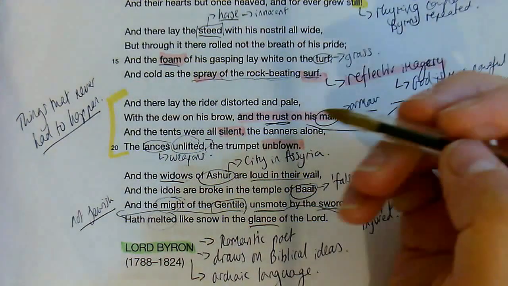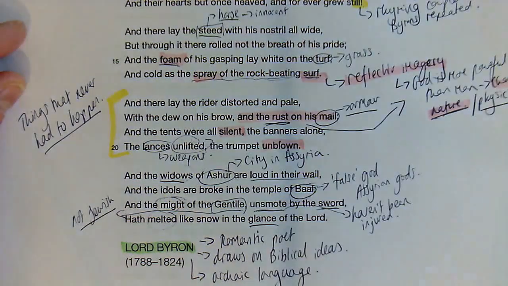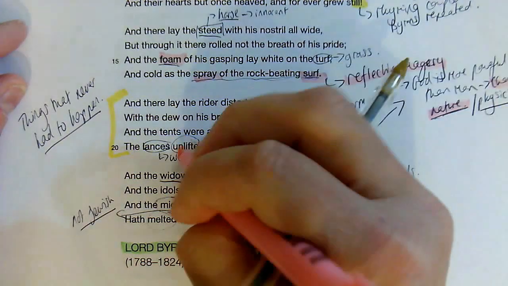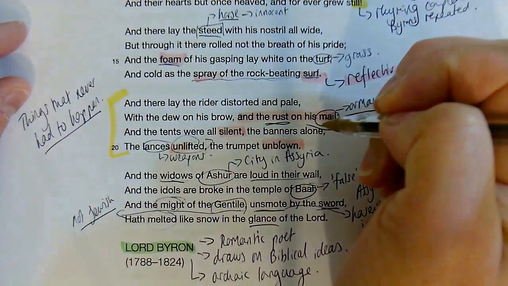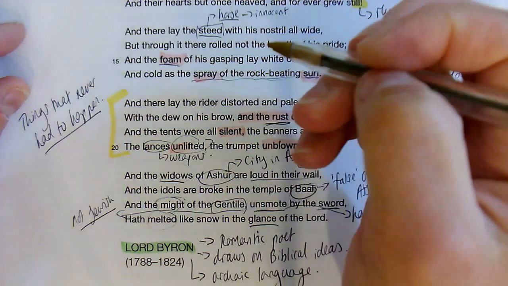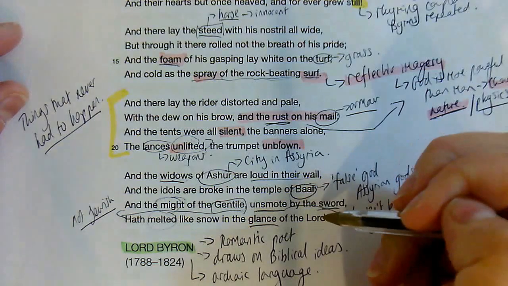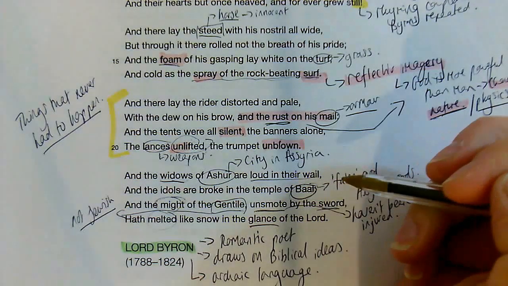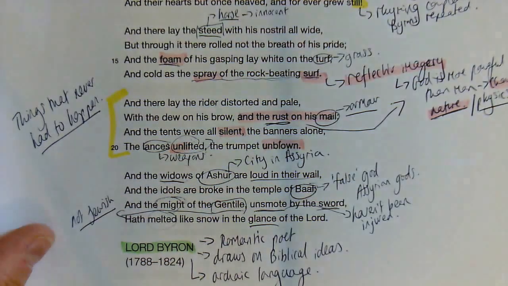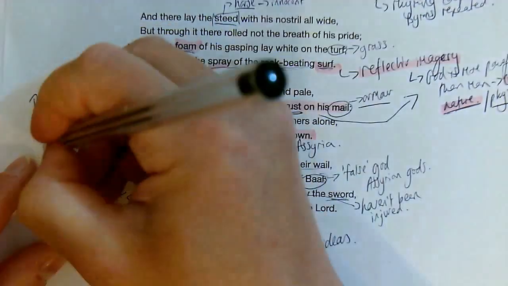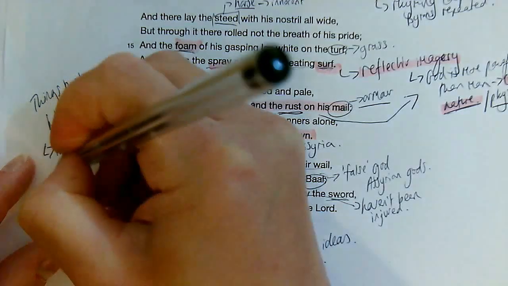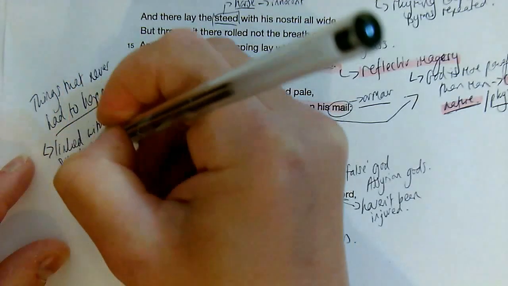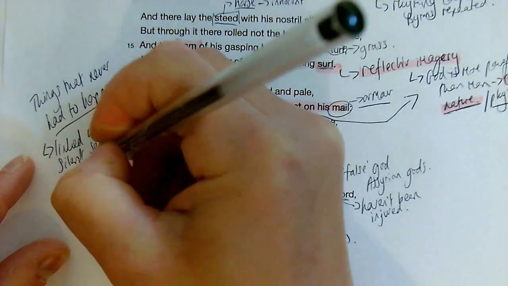And I think this is quite interesting, the fact that we focus on the negatives here all the way through: unblown, unlifted, silent, no noises, everything still. Because it makes a good contrast for the final stanza 6. So we've got things that never happened, linked with the silent, sensory imagery here, trumpets unblown.